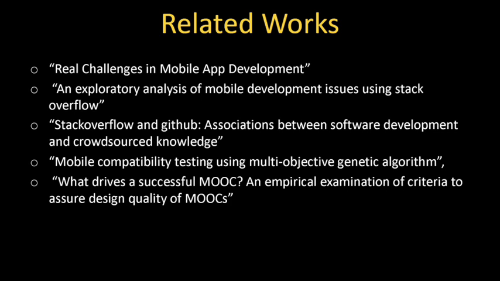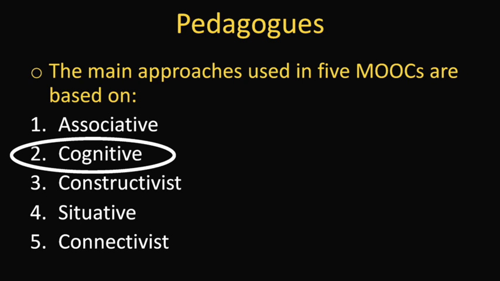In the journal article Moving Fast with Software Verification, the authors talk about how Facebook, in order to speed up their verification process, has to use a utility called Infer Static Analysis because they want their verification process to be quick. In the journal, What Drives a Successful MOOC?